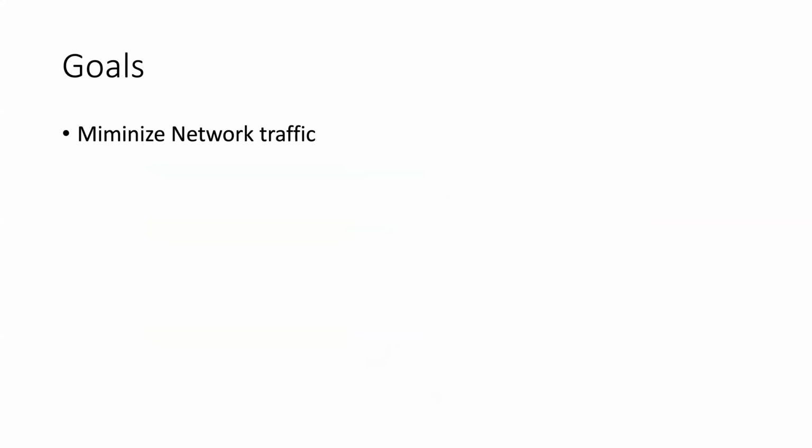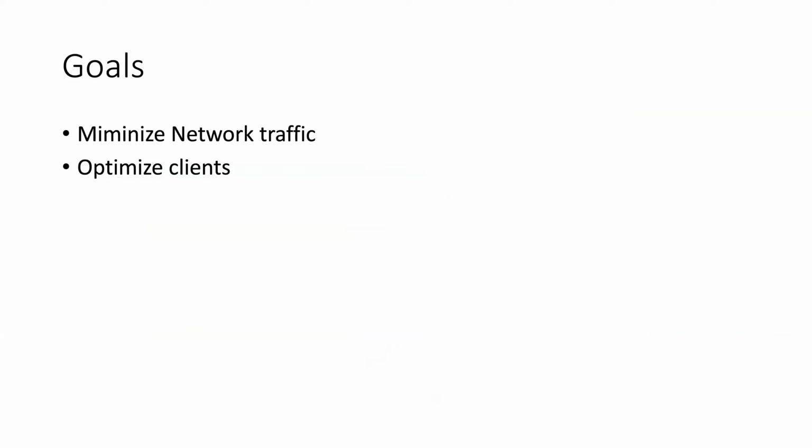So the overall goal was to minimize network traffic, and to contribute to this goal, I wanted to optimize the clients we use in Gardener, especially the Gardenlet, because there this network traffic is basically external network traffic.